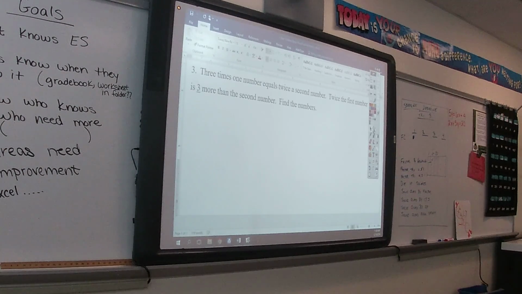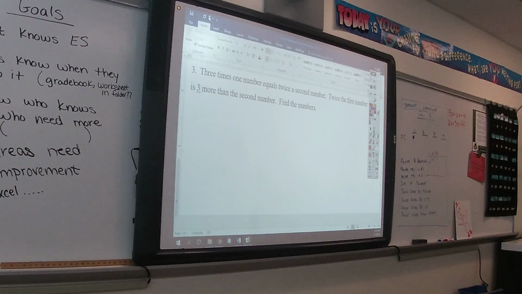So what do we do next? Don't put it after. Put it right in line. Stick to the exact same order that you read it. If you go a chunk at a time, you're going to write it in the exact same order that you read it. So we read 3x, so we wrote it down. Equals, so I write down equals.